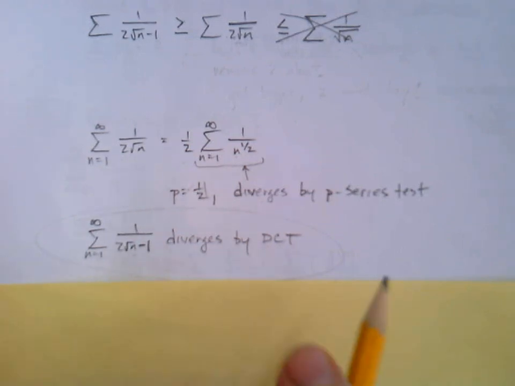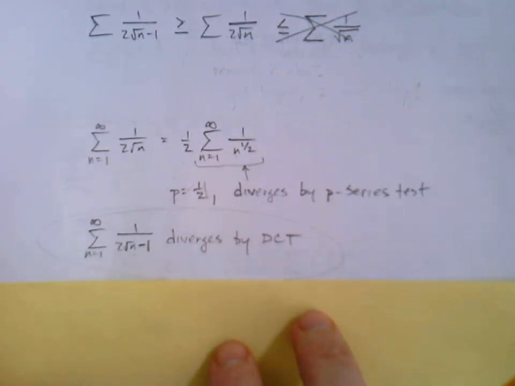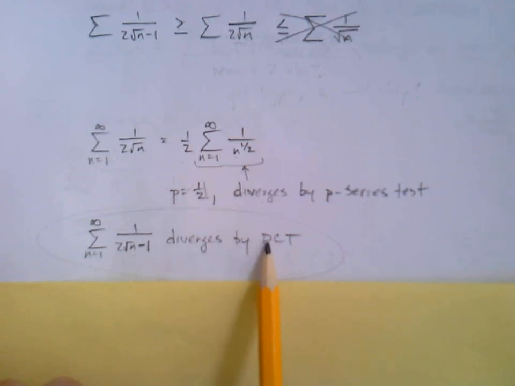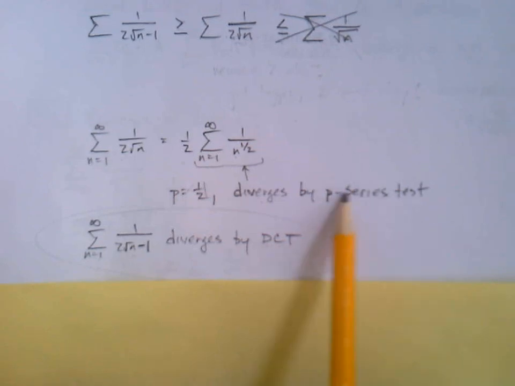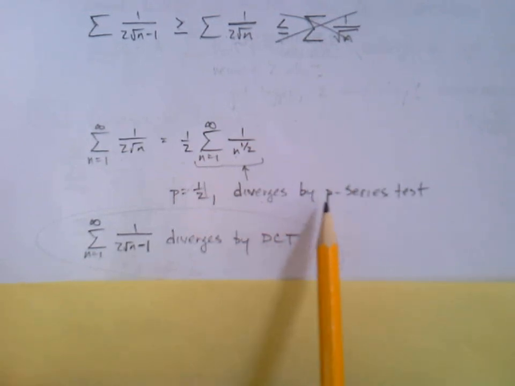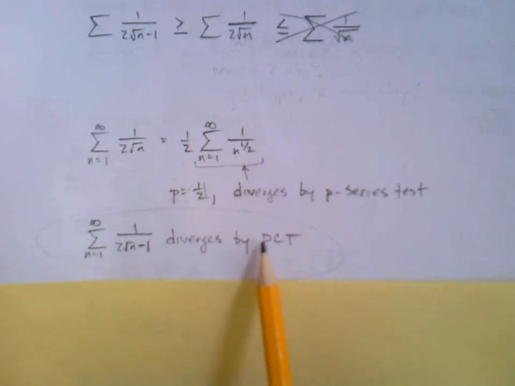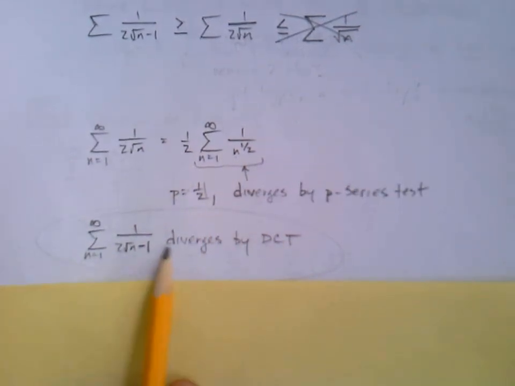So there's always two tests working in a comparison test. There's your, in this case, your direct comparison test, and then like part of that is the p-series test. So we use the p-series as leverage to make the comparison, and now we can say this. And I have to write that as my final statement.